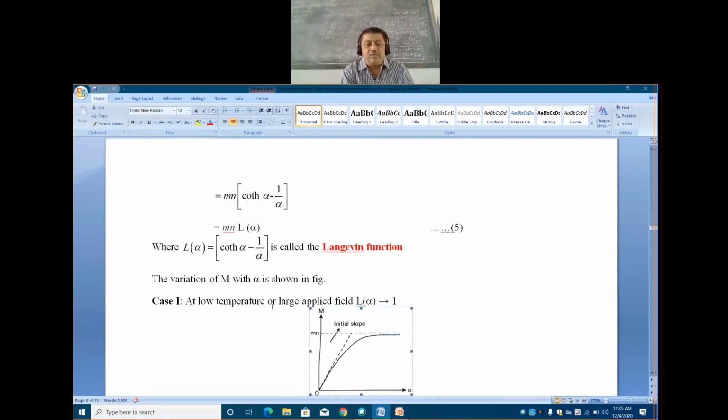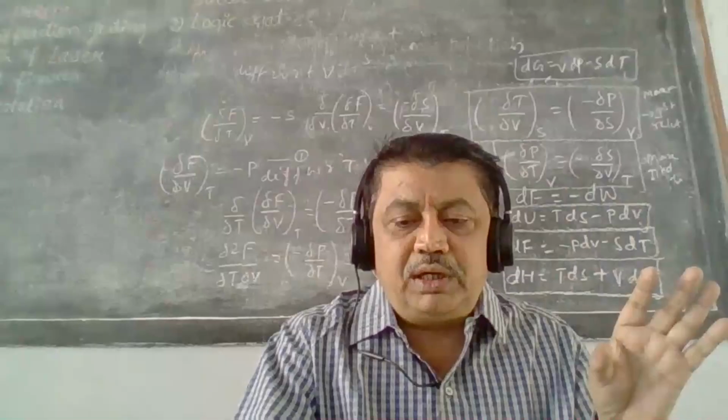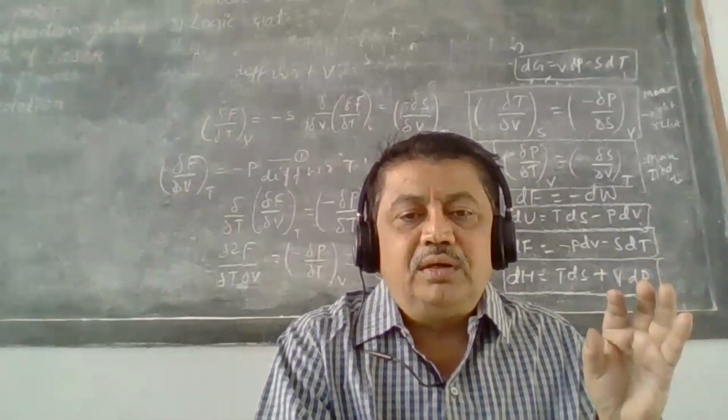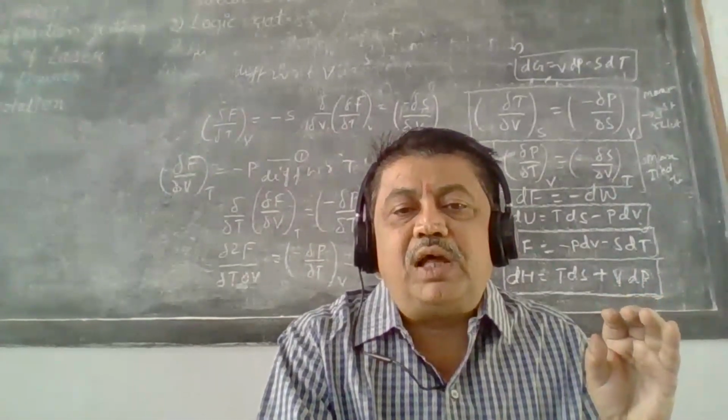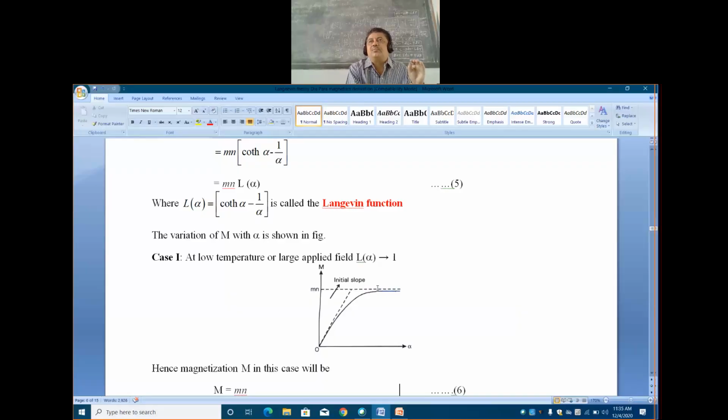First case: when the temperature is very low and the applied field is large, L alpha tends to 1. It is not equal to 1, but tends to 1. If you look at the graph of magnetization against alpha, after a certain value there is a saturation. It is almost equal to mN because L alpha becomes 1, shown by the dashed line.